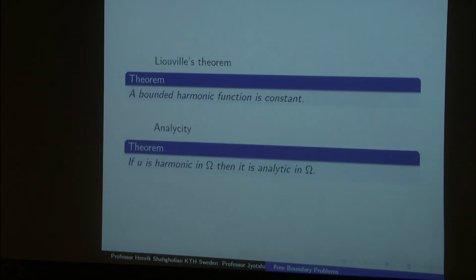Analyticity. Okay. So what do you mean? Here our u is a real valued function. So there is always this kind of question: what do you mean by saying that u is analytic? When u is a real valued function, it means that you have a power series expansion around every point for that function.